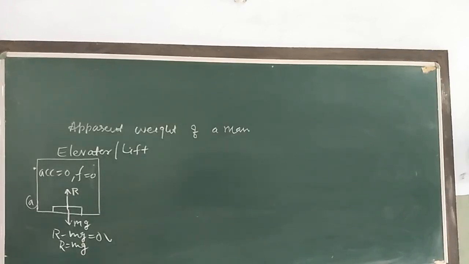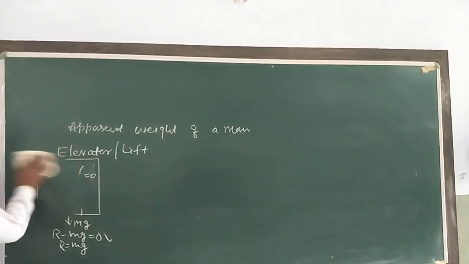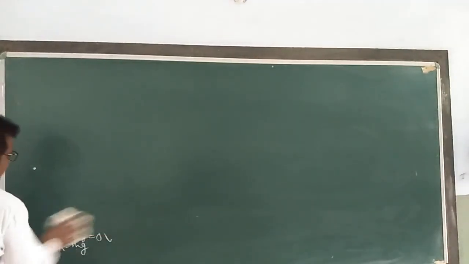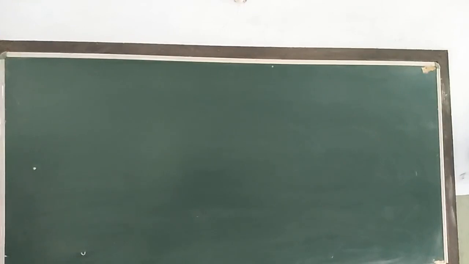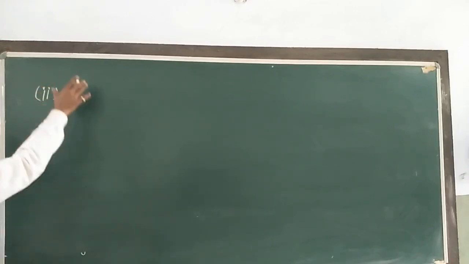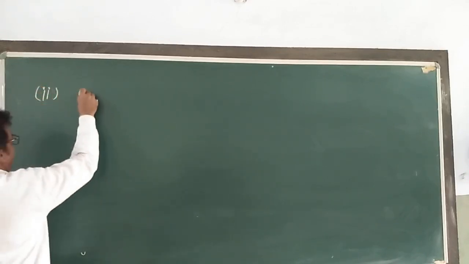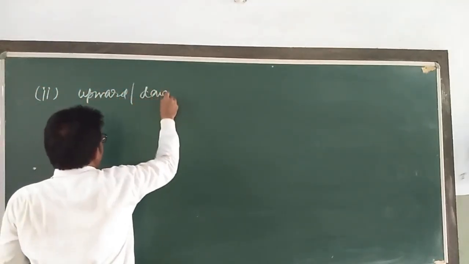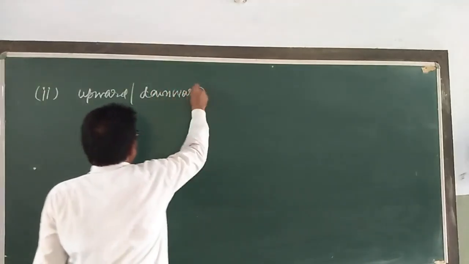Now, when the elevator is moving uniformly in the upward or downward direction. Now, let us see the different cases here. Dear children, you can see here the different case when the elevator is moving in upward or downward direction.